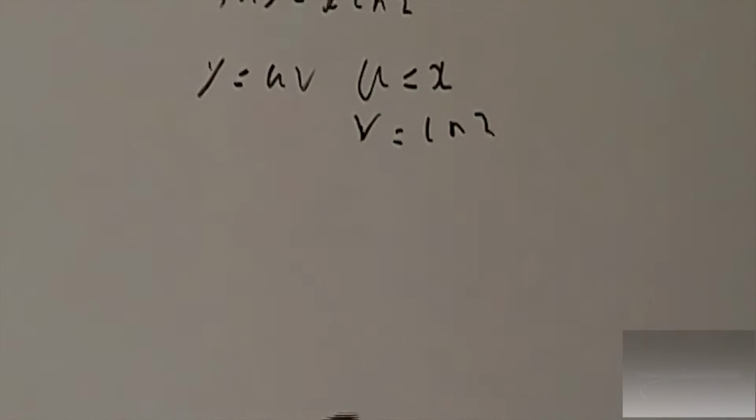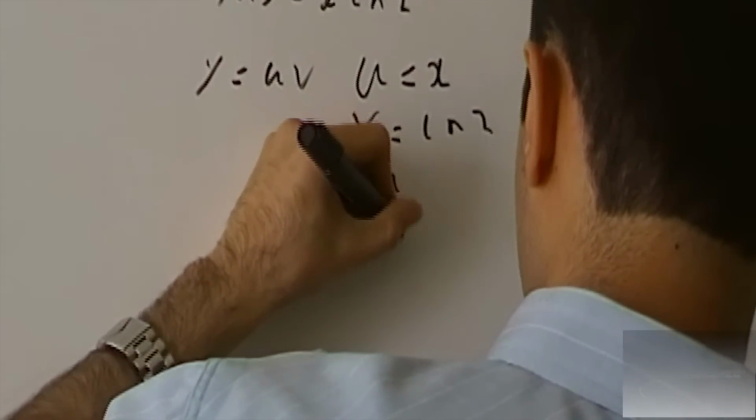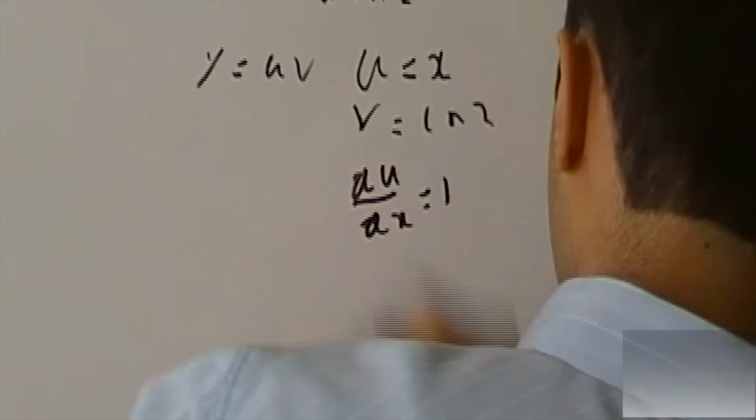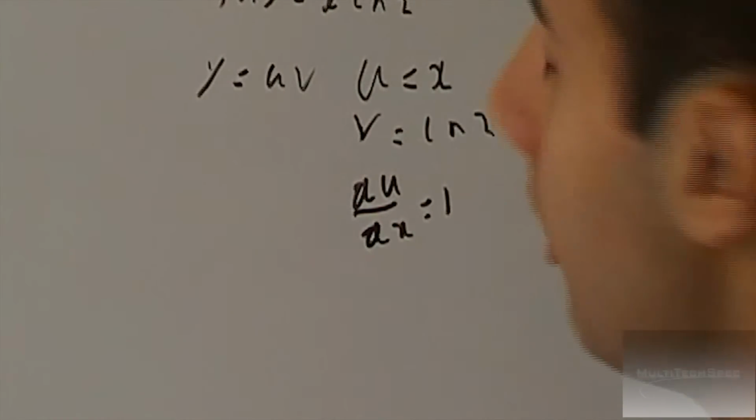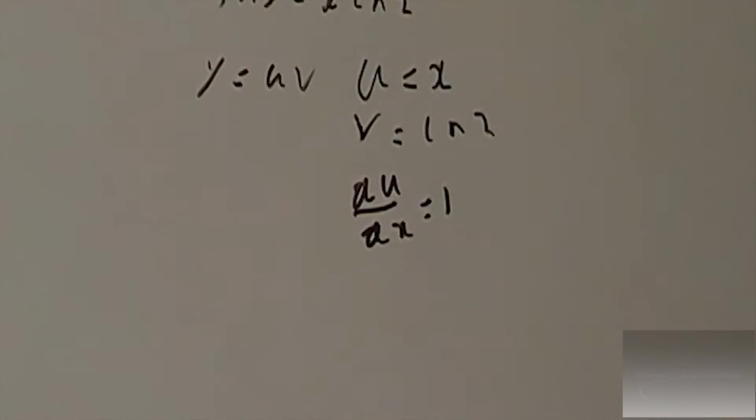Right, so now we need to differentiate them. So we get du by dx is equal to 1, and then v is equal to ln 2. So the question remains, how do we differentiate that?